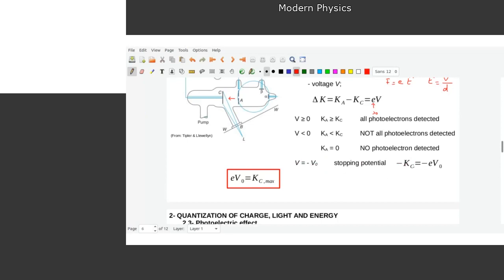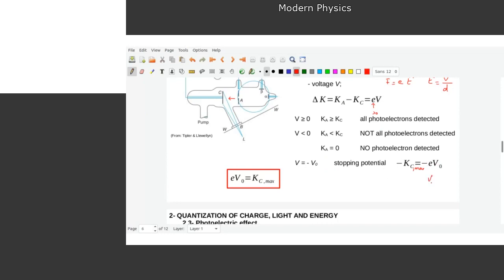And so this stopping potential corresponds to, actually this is already the max. It is when even the fastest electrons, their initial energy, is equal to eV0. You just have to put it here, and you will see that Ka equals 0, the fastest photoelectrons arrive here with Ka equal to 0, so minus Kc max equals minus eV0. Why did I write minus V0?